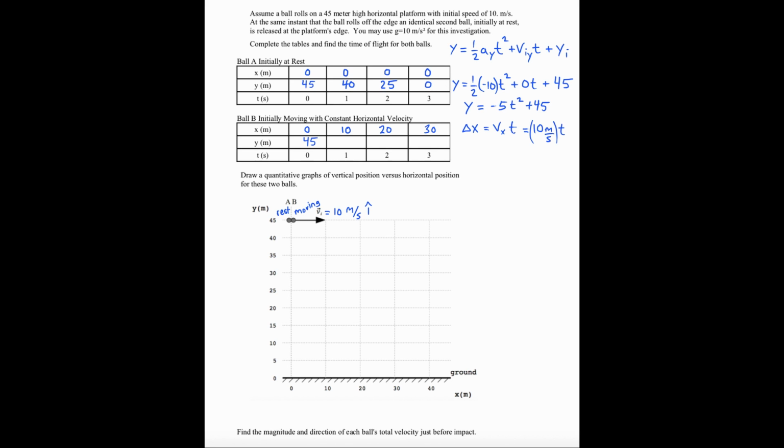So now we can go ahead and plot that motion map for the dropped ball. It's located here at t equals 1, 25 for t equals 2, and then just about 0 at t is approximately 3.